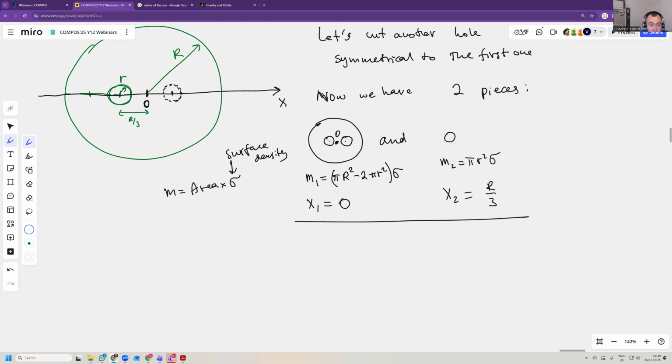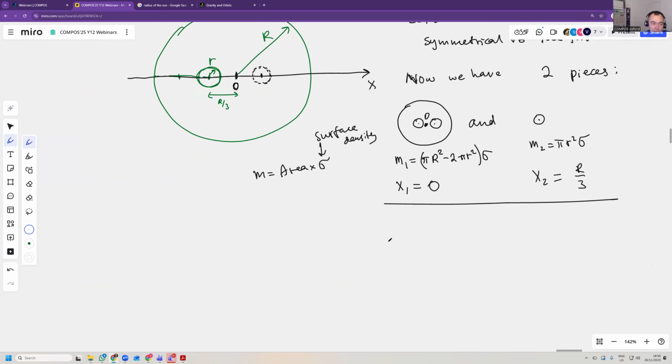So the mass of this piece is this. Pi r squared is the area of the big circle minus 2 areas of the small one. And the small circle has area pi r squared. And the position of that mass.